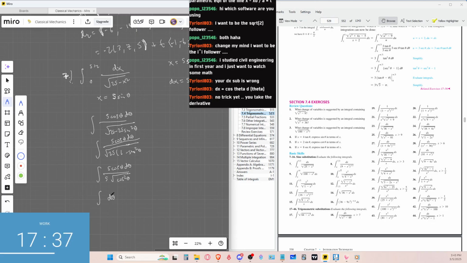No trick yet. You take the derivative. Okay, so now we have the parameters for x, which is from 0. So that's the x parameters.